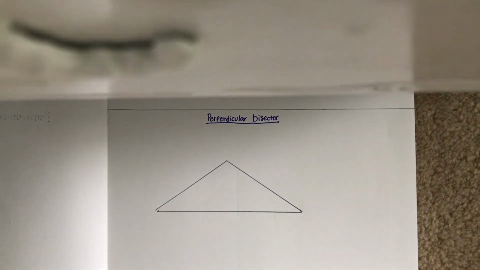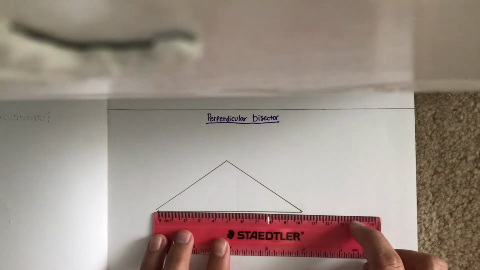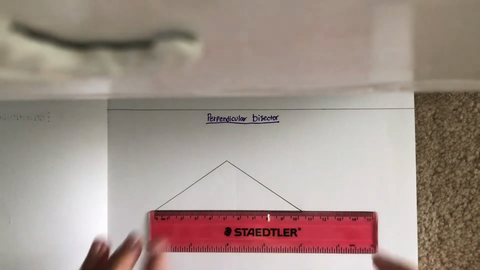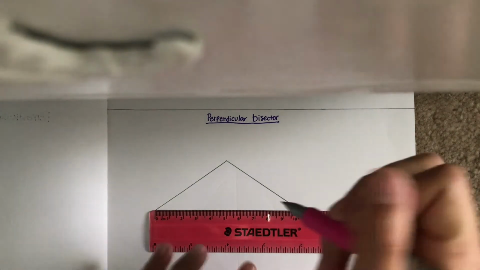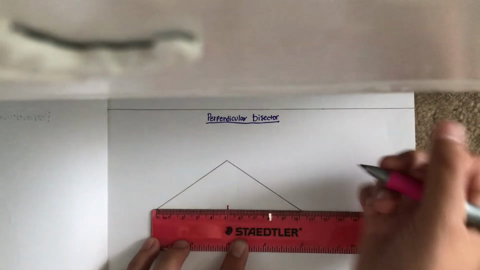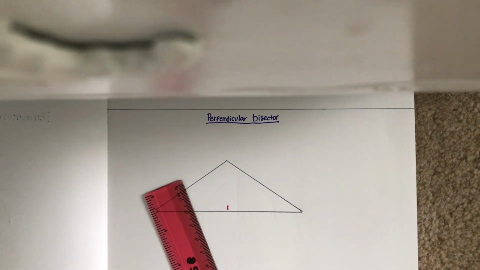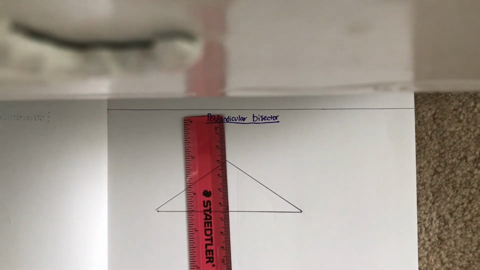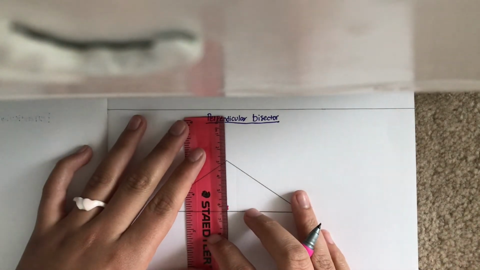Okay. And so since we made this bottom and the sides exactly equal, since it's 10, half of the length would be 5. So you're going to do about 5. And if you go straight up, you're going to cut it right in half to show that it's exactly down the middle, equal.